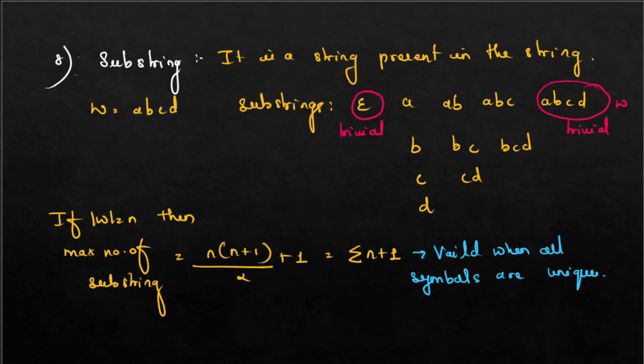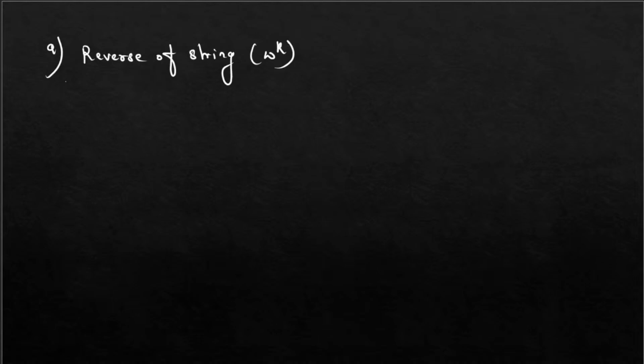Now let's see reverse of a string, point number 9, which is w^R. Here w equals a, b, c, d. So what should be w^R? This should be d, c, b, a.